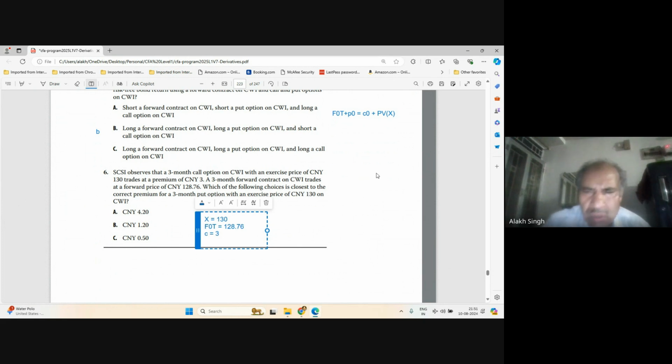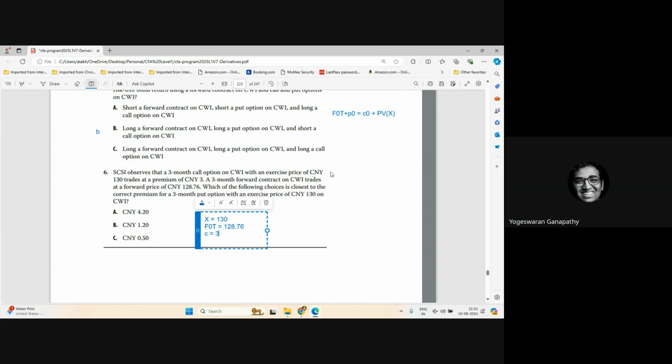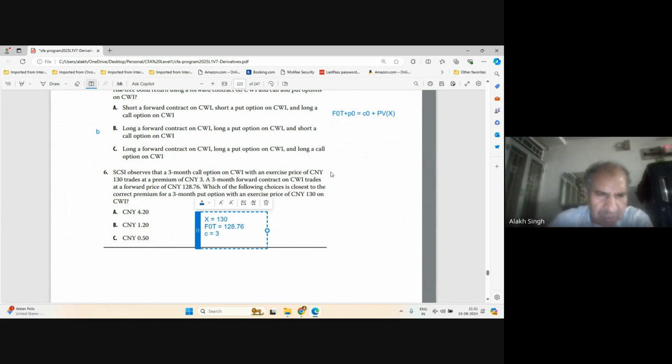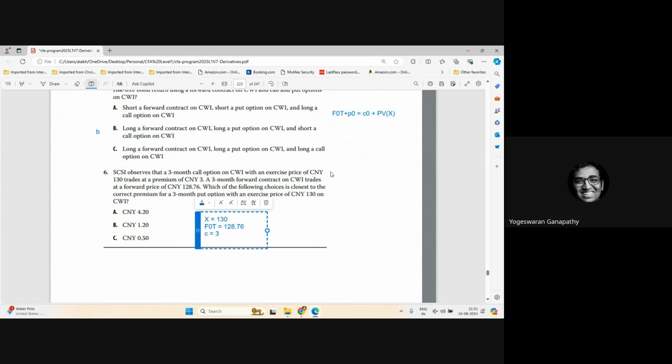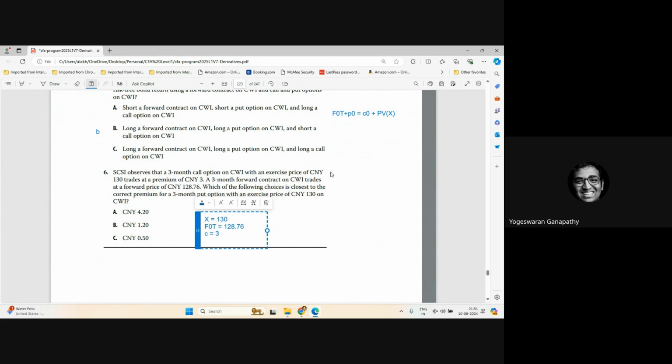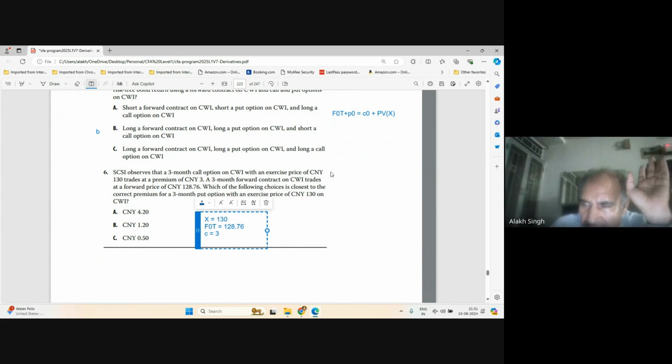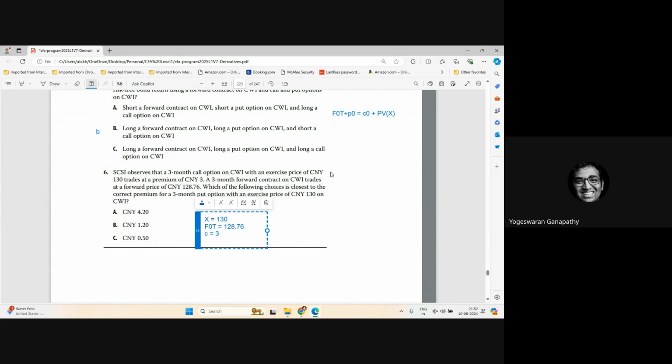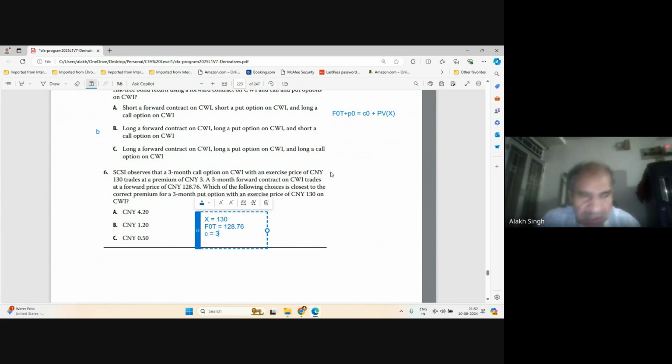We have to calculate the present value of X at the rate of 4% for 3 months: 1.04 to the power of minus 0.25, into 130. Let me compute how much this is.